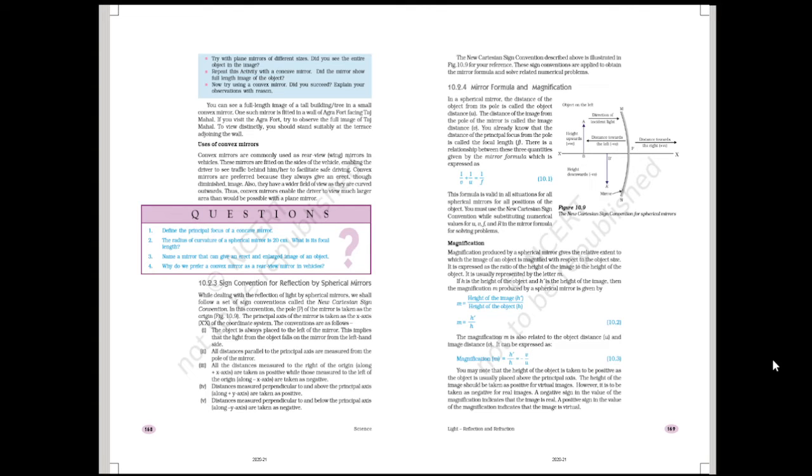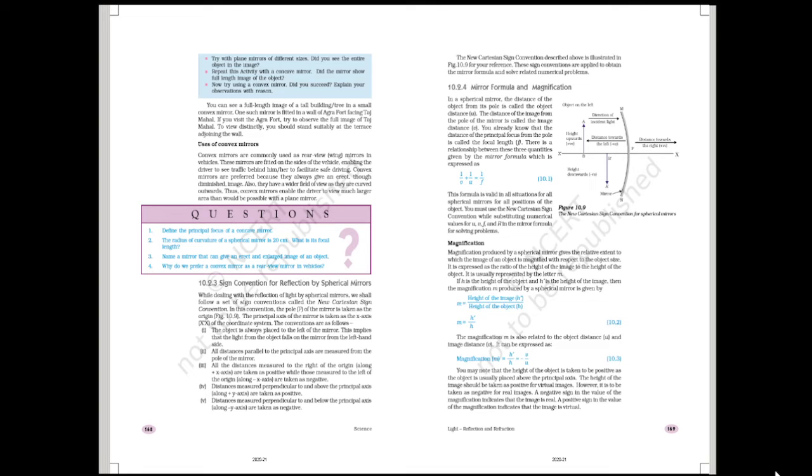First, the object is always placed on the left side of a mirror. It doesn't matter whether it is concave or convex, it's always placed on the left side of the mirror. Always. That is, the light from the object falls on the mirror from the left hand side.